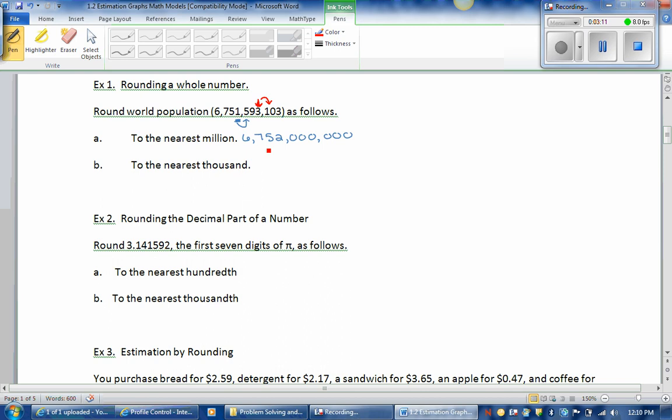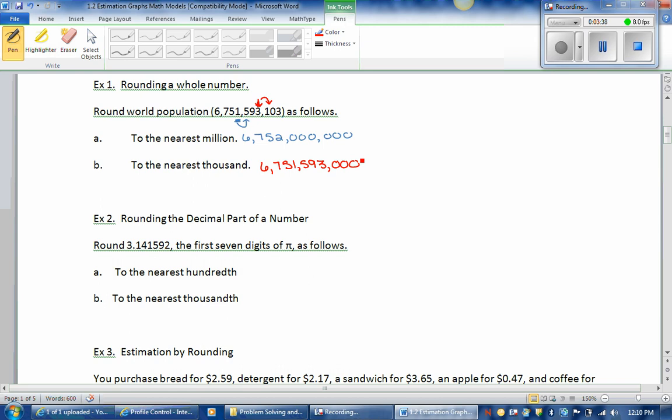If it's 5 or above, we give it a shove. If it's below, we're going to leave it and replace with zeros. So everything to the left stays. The 3 stays because the number to the right was less than 5. And now we make everything to the right 0. So we get 6,751,593,000.